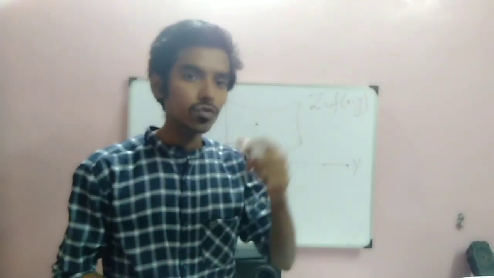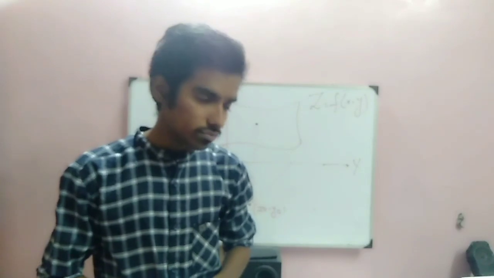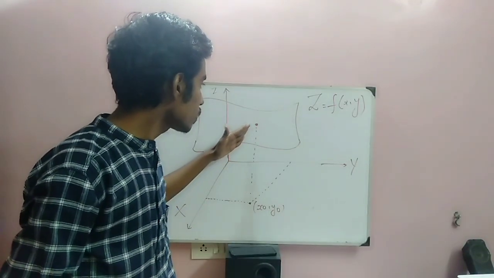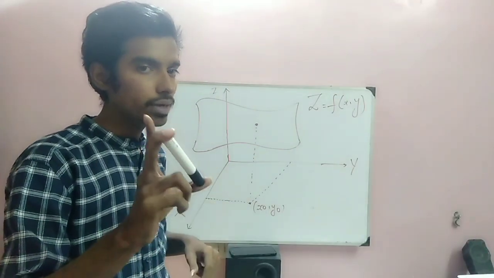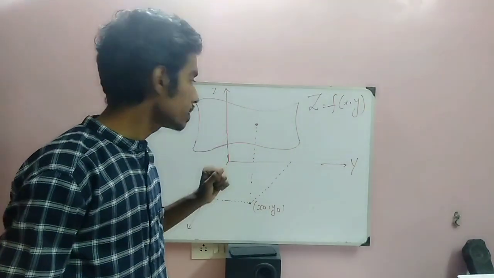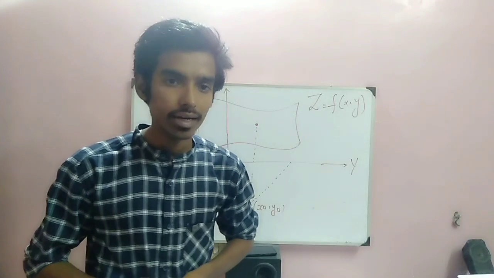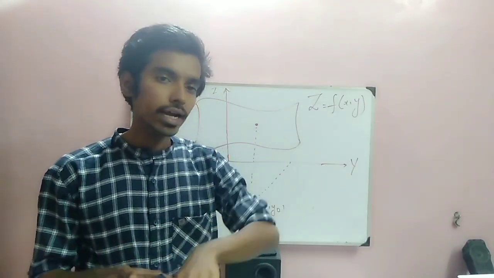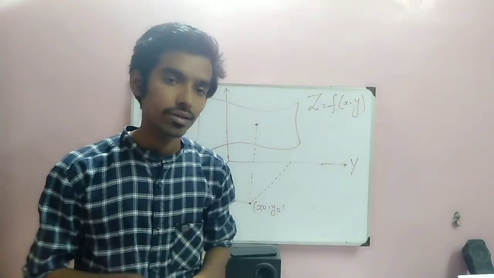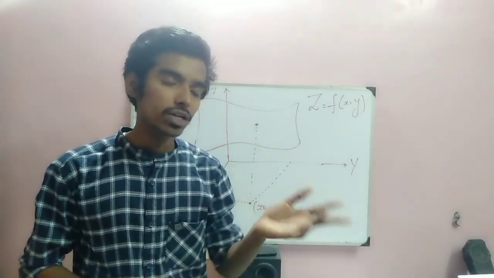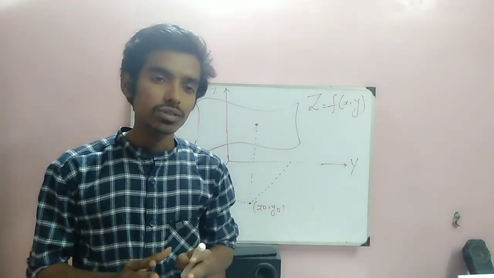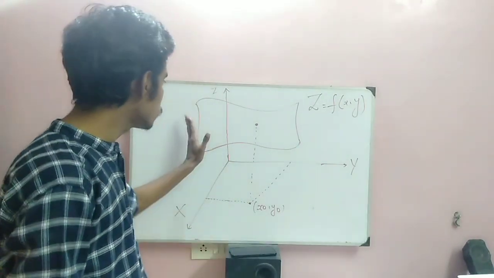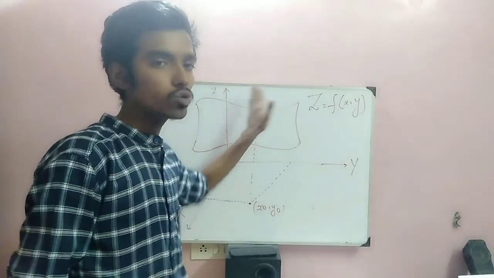But here it is a function of two variables, so we cannot draw a tangent line to this point because the direction is not clear. Instead, what we can draw is a tangent plane. Whenever I am talking about a function of two variables, we should say it is a tangent plane. I have taken a smooth function. Z is a smooth function.